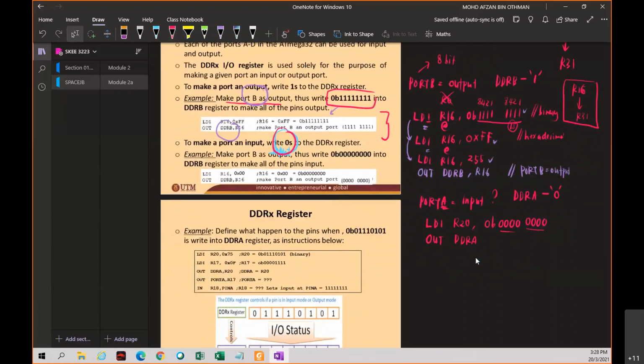Sebab kita nak jadikan port A sebagai input. Okay, out DDRA value daripada R20. So tadi kat sini R20 sebenarnya sama dengan 0. Okay, then after you execute this line here, what happen is port A sama dengan input port. Okay, ada soalan tak sampai sini? Any question up until here?